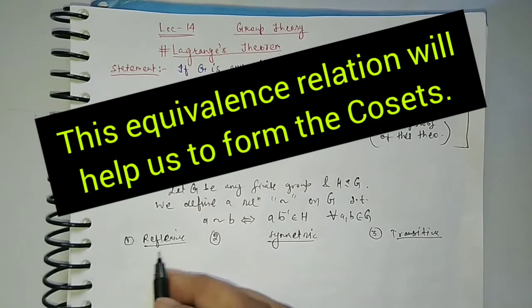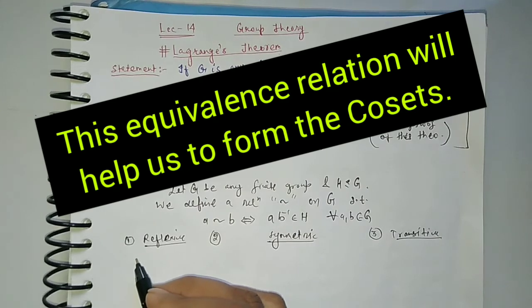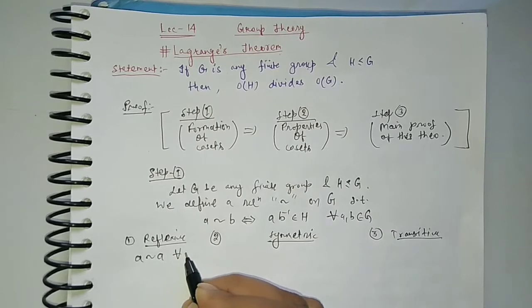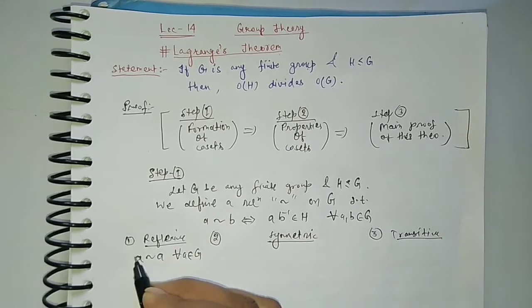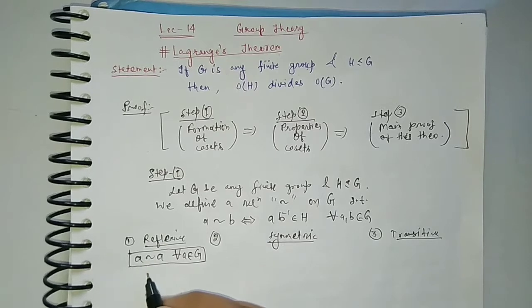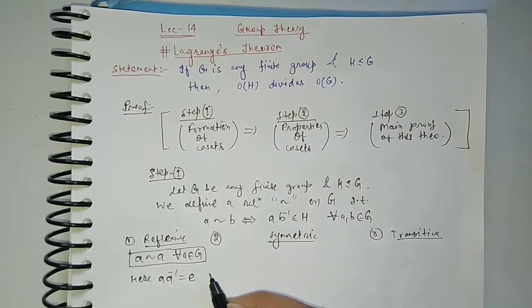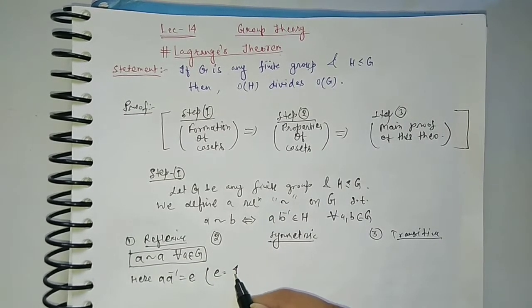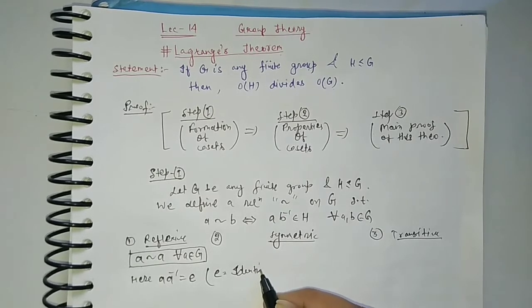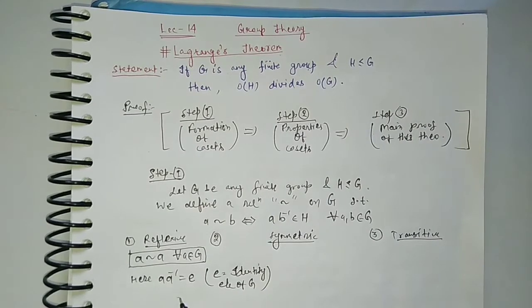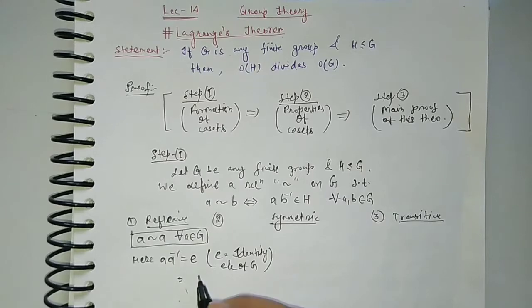So first, reflexive. For reflexive we have to prove that A is related to A itself for all elements A from the group G. So proof of this: here we know that A A inverse is equal to the identity element E, where E is the identity element from the group G. E is the identity element of G, and we know that the identity element for the subgroup is the same.